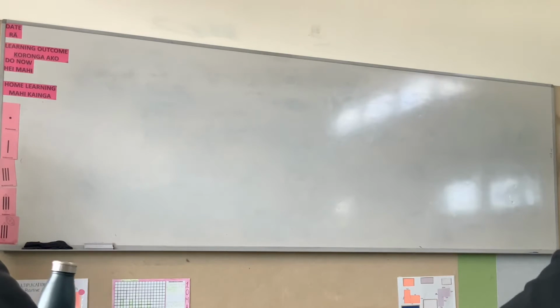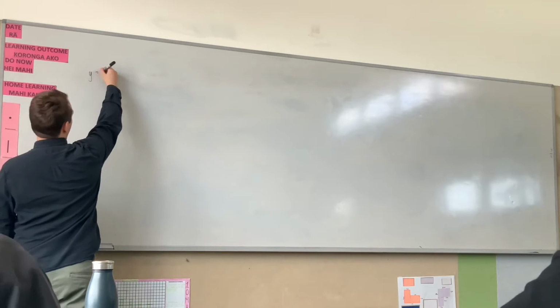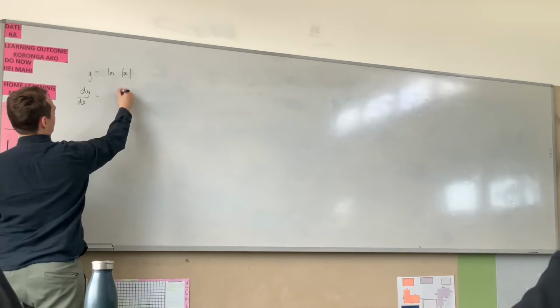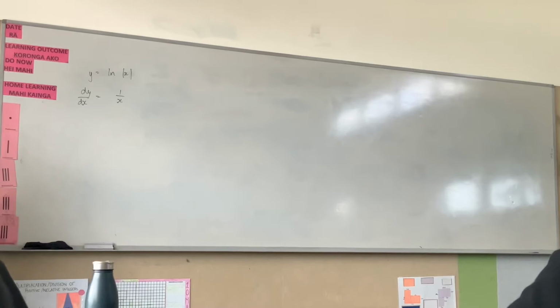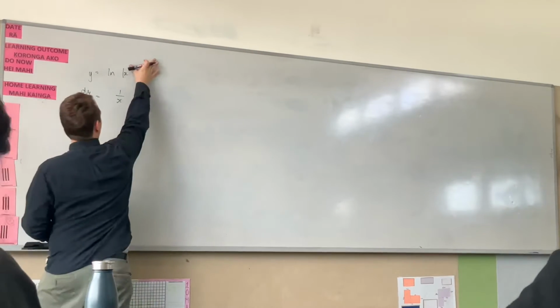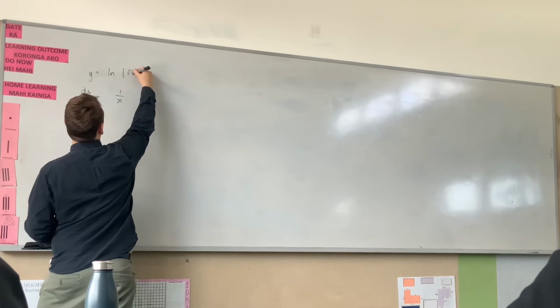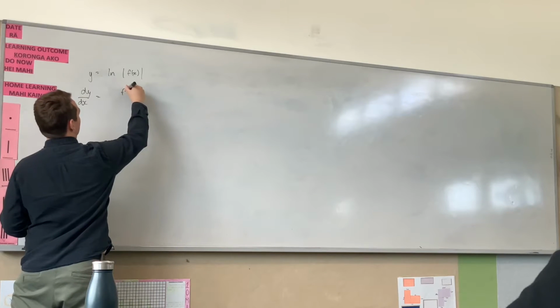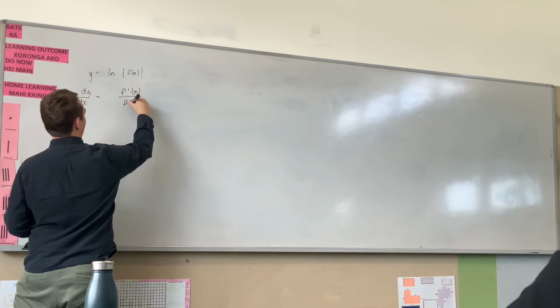Okay? We're doing further calc. You learned an identity in your differentiation, which is if y is equal to natural log x, then it differentiates to 1 over x, right? You also learned that if the inside was a function, when you differentiate it, in fact we specifically said ax plus b, but I did say it would work with any function, it would differentiate to f prime x over f of x.